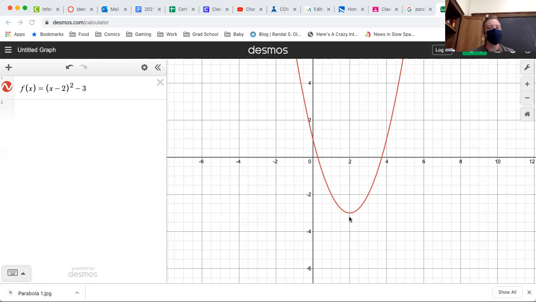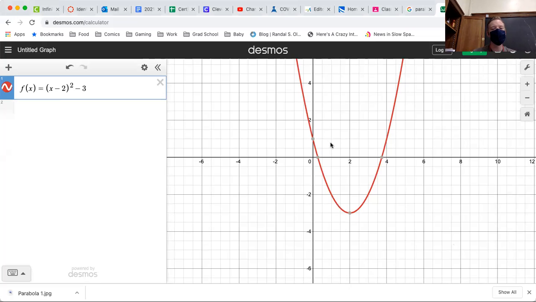Now, here's the wonderful thing about Desmos: Desmos knows that these particular points we were just talking about are important. And so it will automatically calculate these points for us. So if you have accidentally unselected your graph or you have clicked somewhere else, you can click back on the parabola.